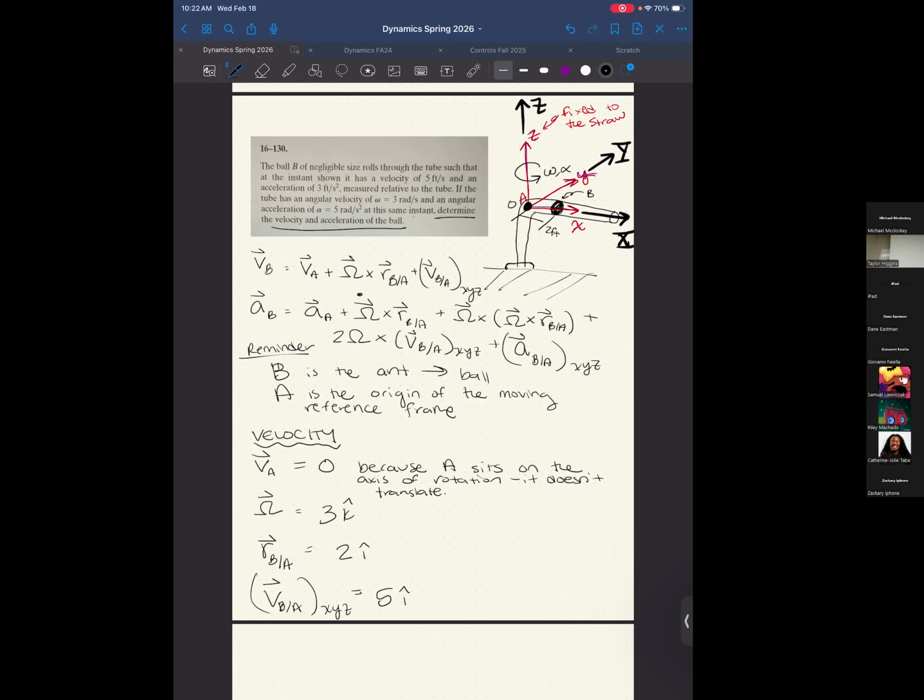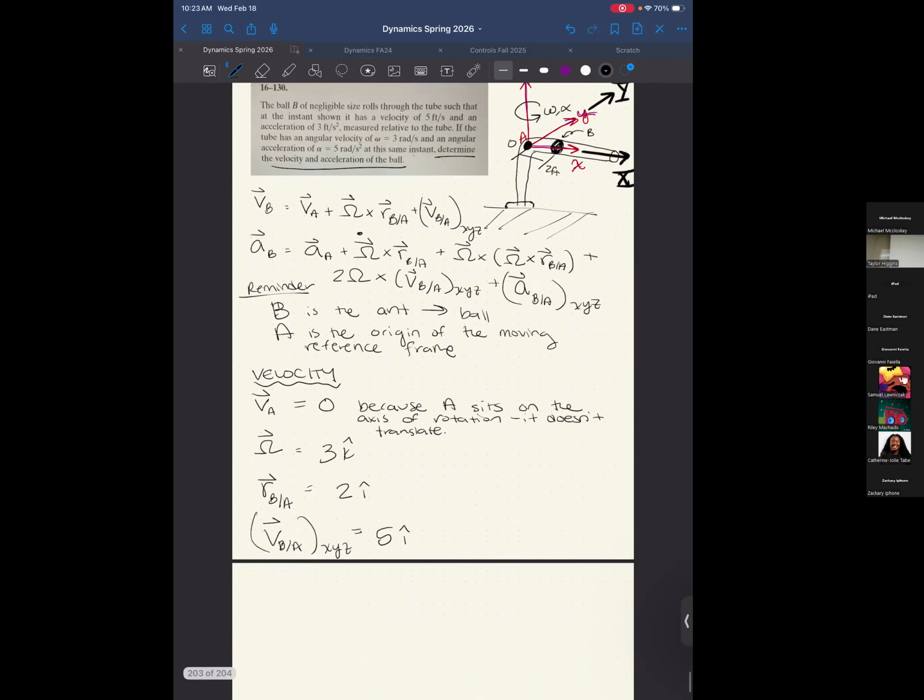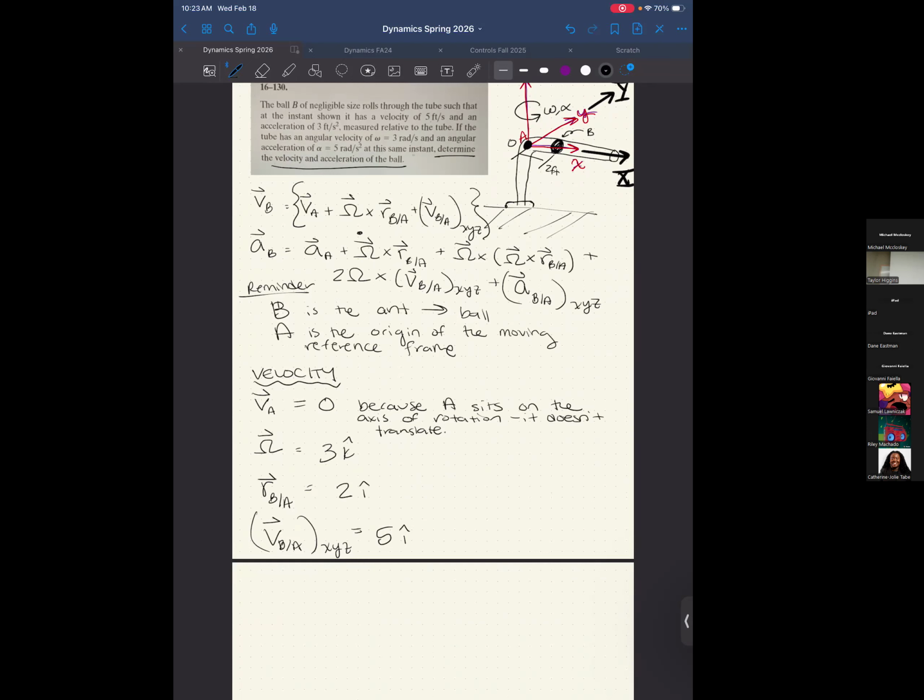Especially because the way that we have it drawn, they are the same directions. But even if they weren't in the same direction, I could still write them in terms of big I hat, big J hat, big K hat. The problem is that we need to make sure we're using a consistent coordinate system so that when I evaluate everything in this equation, I'm always adding little I hats to little I hats.